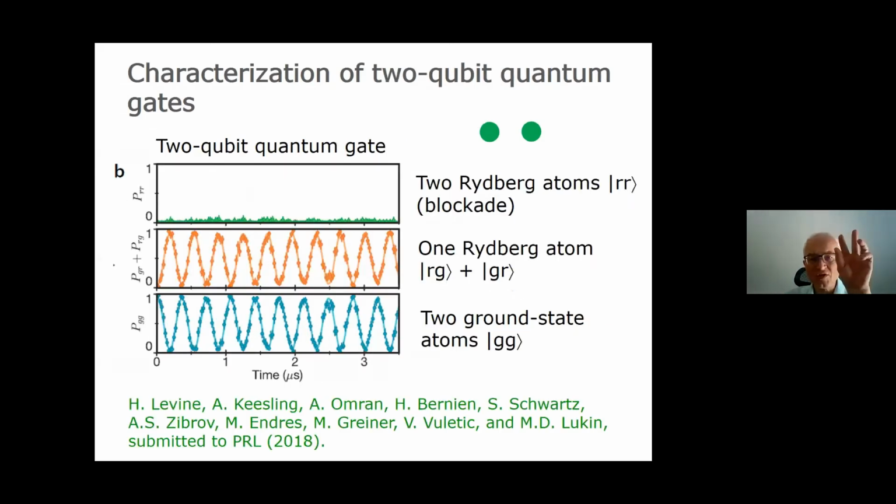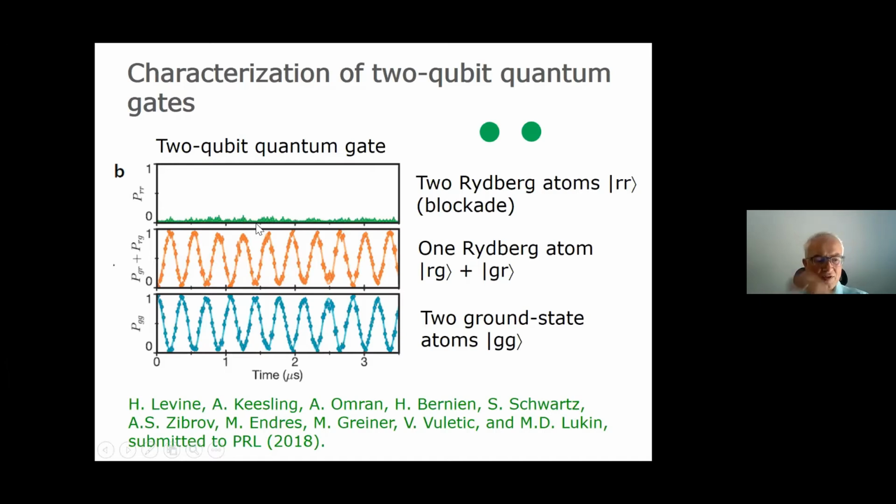We then placed 2 atoms next to each other and used the Rydberg blockade to drive the system from the GG state, where both atoms are in the ground state, to the RG plus GR state. This is the symmetric state where either the left atom is excited or the right atom is excited. We saw nice Rabi flopping between this GG state and what is one of the Bell states, RG plus GR, while we didn't see basically any excitation probability to the 2-atom Rydberg state due to blockade.